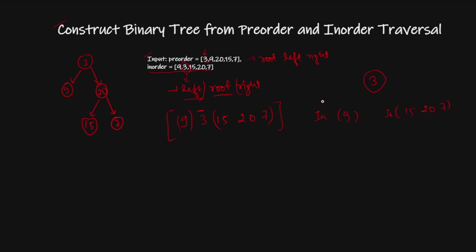Our inorder is reduced to this, so our problem is reduced to smaller, similar inputs.